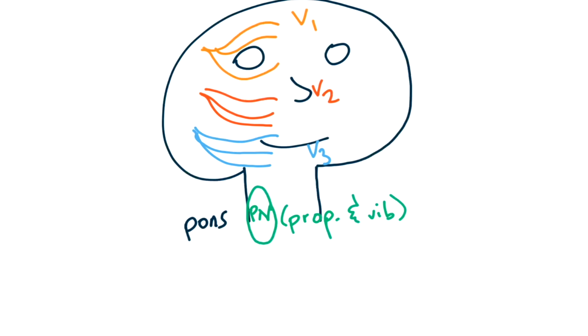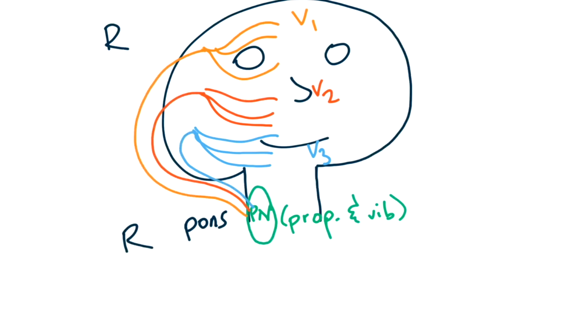So all of these nerves have been drawn on the right side of the patient's face, and any information about proprioception and vibration goes into the right principal nucleus, like this. After it enters the principal nucleus, it can decussate immediately to the left side of the brainstem. So left side of the brainstem.